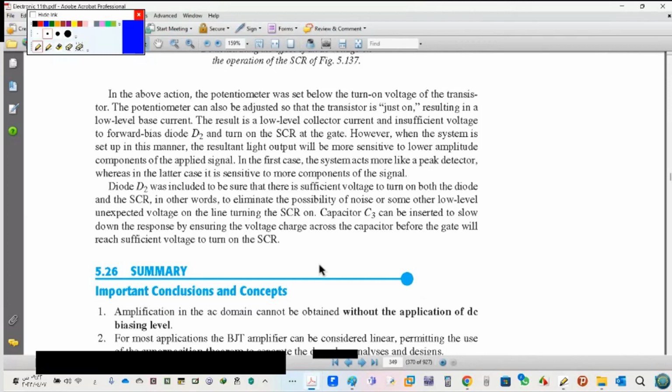After that, we explained how we can convert from the re model to the hybrid model in fixed bias configuration, voltage divider configuration, and common base configuration. Then we went to the last model, the hybrid pi model.